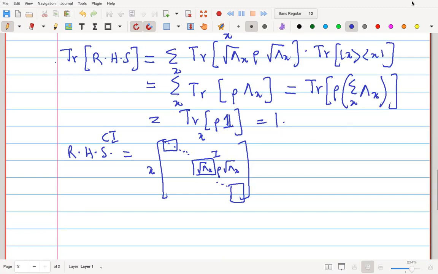Now, if I have a block diagonal matrix, then checking whether it's positive semi-definite boils down to checking whether each of the blocks is positive semi-definite. This is something you can easily check. There are several ways.